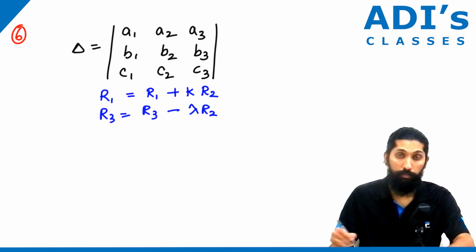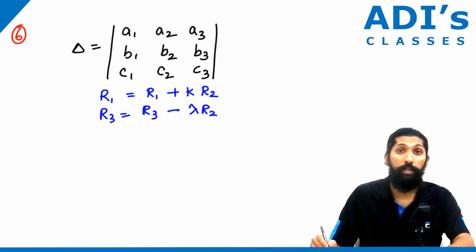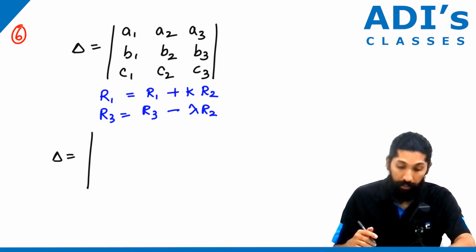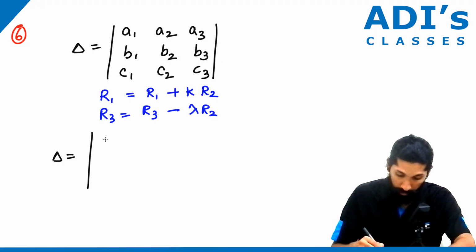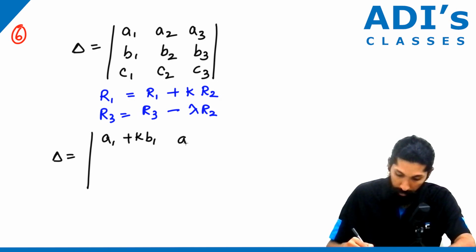The rule states that the value of the determinant remains the same. So delta is equal to: first row R1 plus K into R2, that is A1 plus K into B1, A2 plus K into B2, A3 plus K into B3.